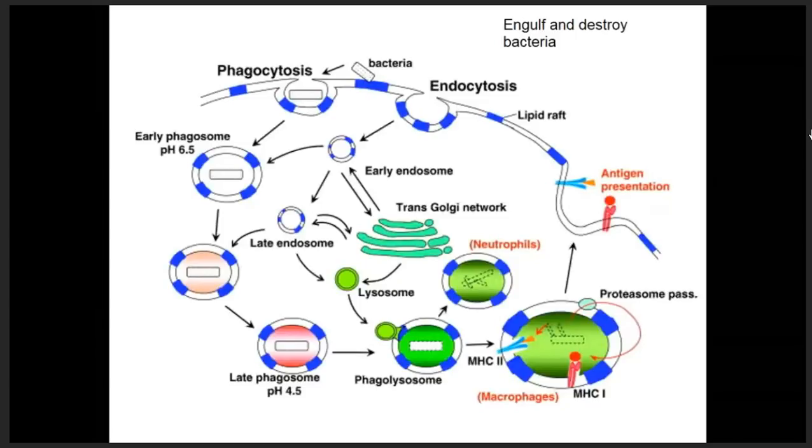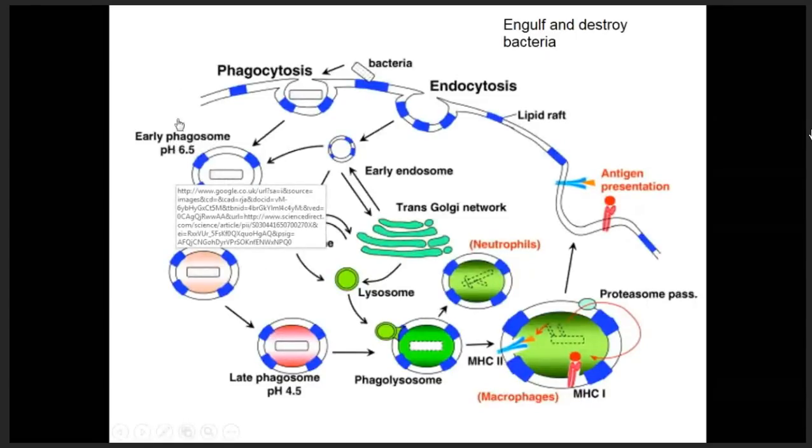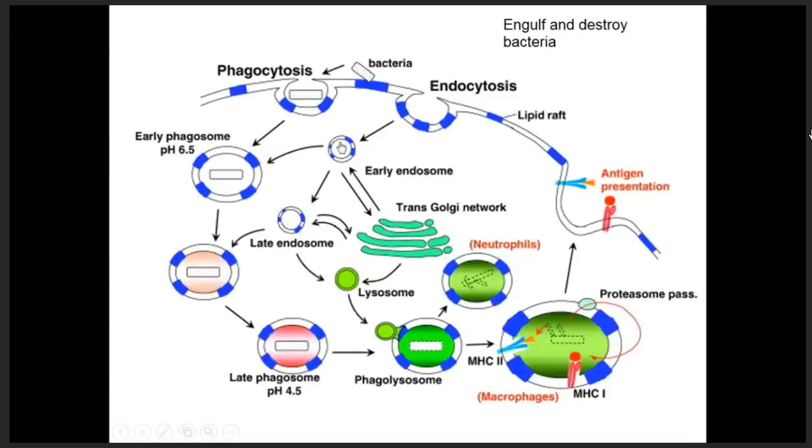The early phagosome has a relatively high pH. The phagosome then fuses with an early endosome, which has some proton pumps. So it now gives the phagosome some proton pumps, which enables the phagosome to become acidified.